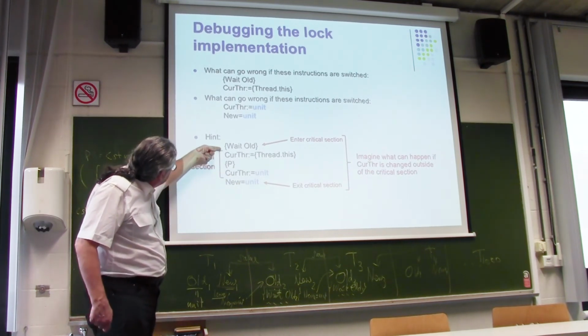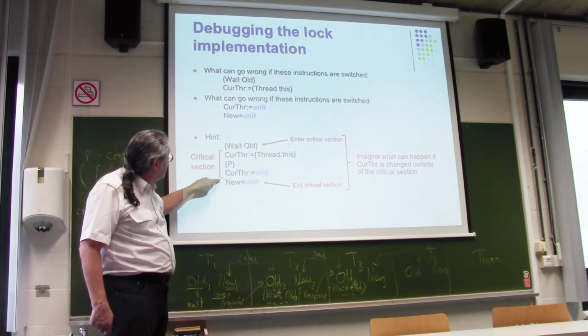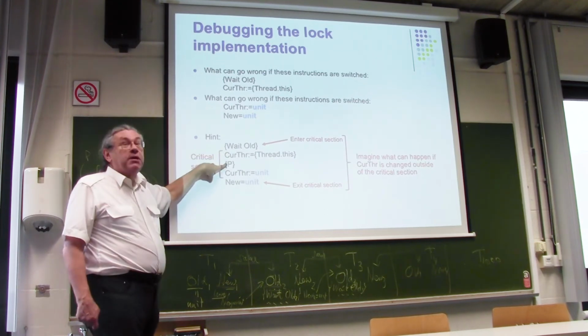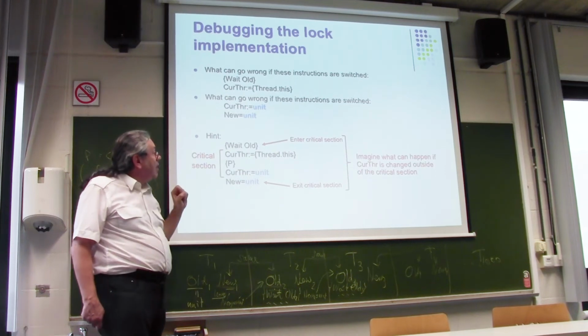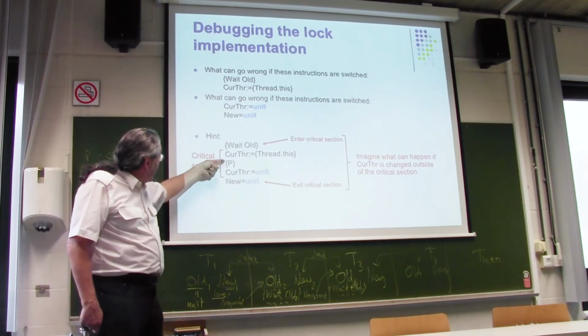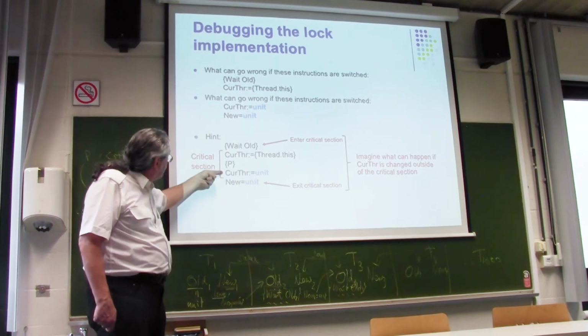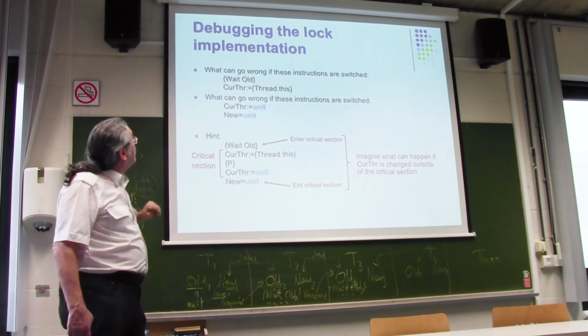So everything inside this red part is all critical section, okay? And then we update the current thread before running P. That means inside of P, current thread has a correct value, okay? And after P is done, then we have to do some cleanup. There are no more threads, so current thread is unit, and we pass the token, okay?